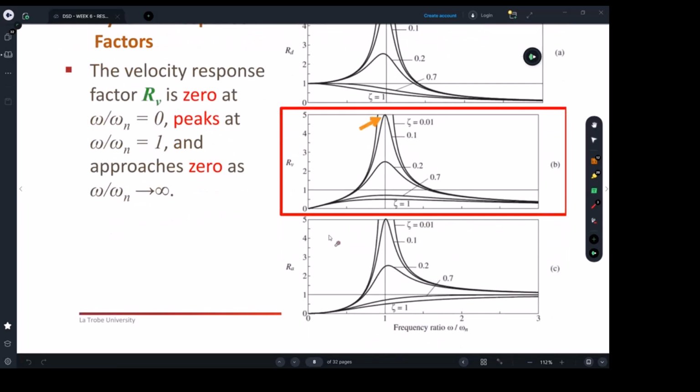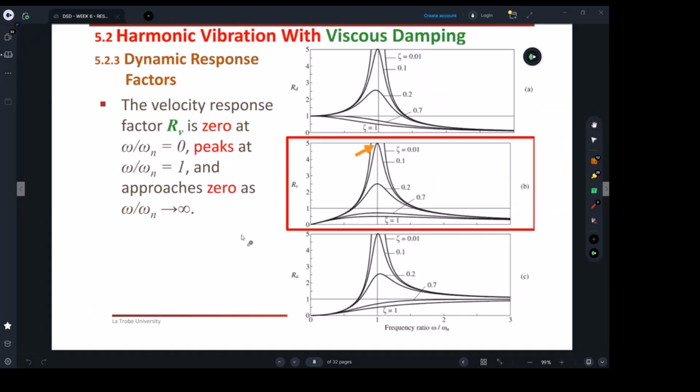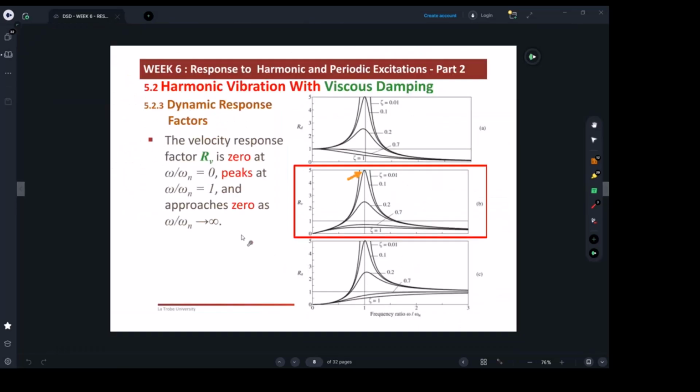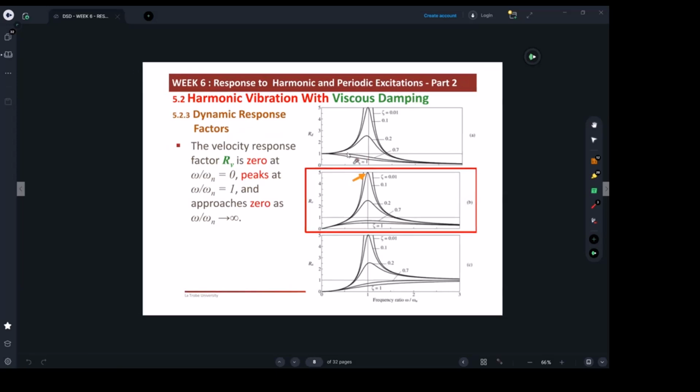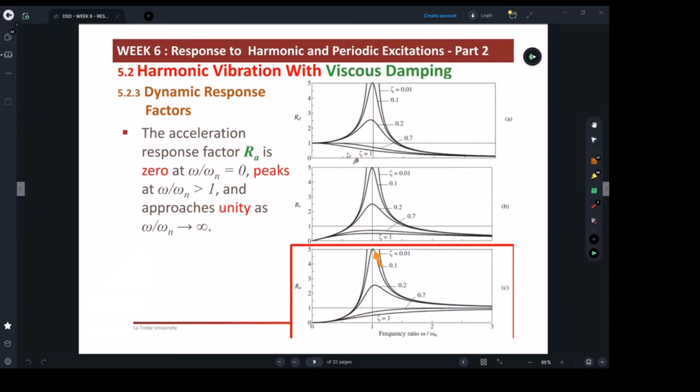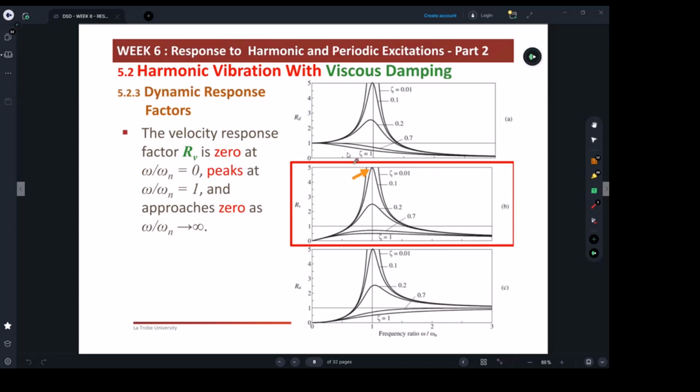Let's see the third situation. Here I'm just highlighting some main behaviors. How are we going to use that? It's going to happen in your problem. When you test something, you're going to determine where the peak is, where it is approaching 0, where it is approaching 1, because when you do a test, you're going to plot a curve like this. Now I'm taking you through those theories, and someone will ask how they're going to use this in a real application.